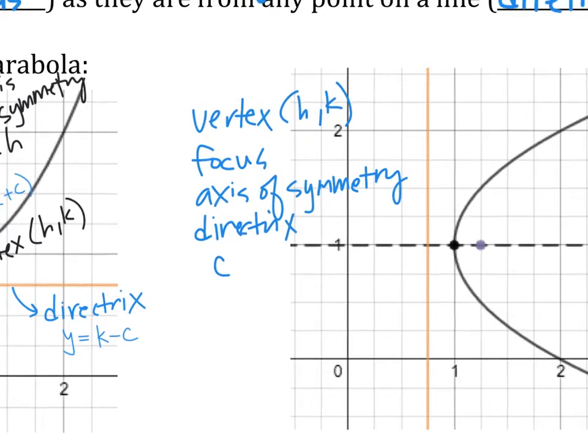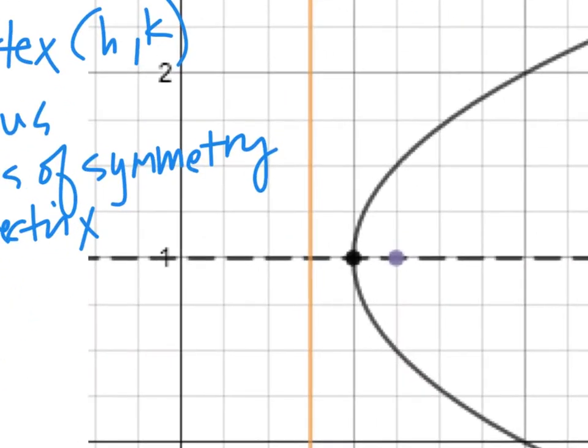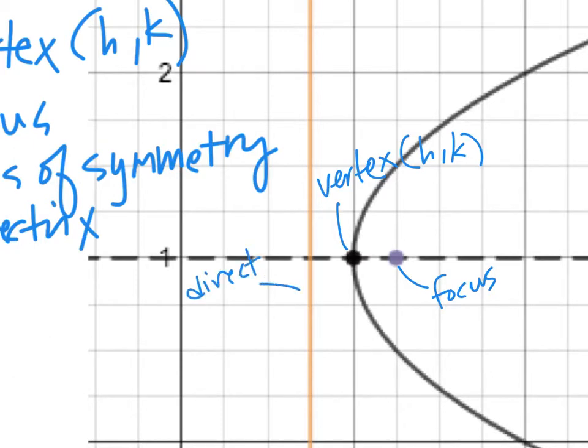All right, let's label all the parts. This is the vertex, and vertex is always HK. This is the focus. This is the directrix. Axis of symmetry is this one. And the last thing is C. C is this.